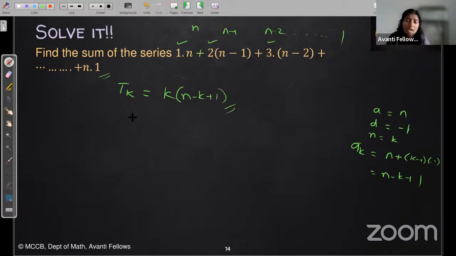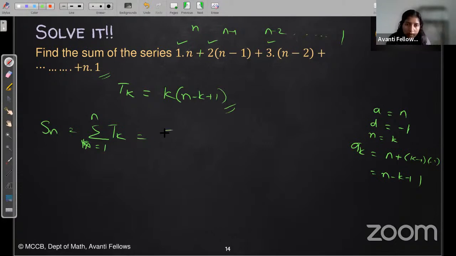Fine. Now how to find the summation of the first n terms? Just consider Sn will be equal to summation from k equal to 1 to n of tk, correct? Sum of the first n terms. If this is the kth term, just vary this k from 1 to n, we will get the sum of the first n terms.